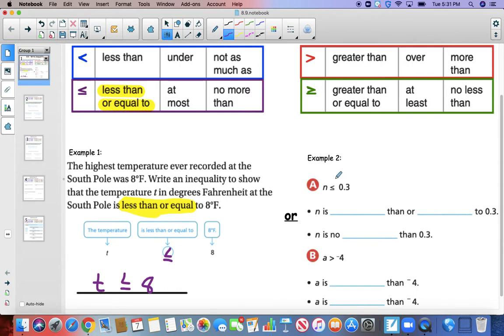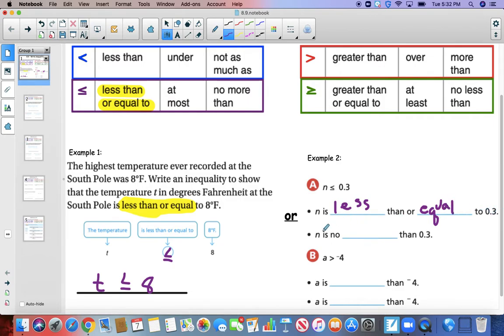Again, we're sticking with our purple guy here. N is less than or equal to 3/10. If we take a look over here, we can pick any of the options in the purple box. So N is less than or equal to 3/10.